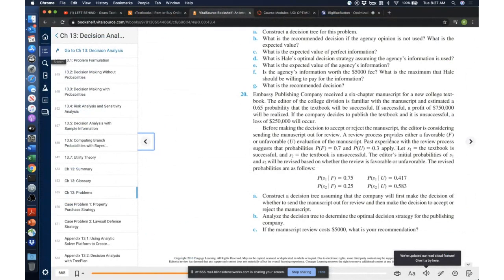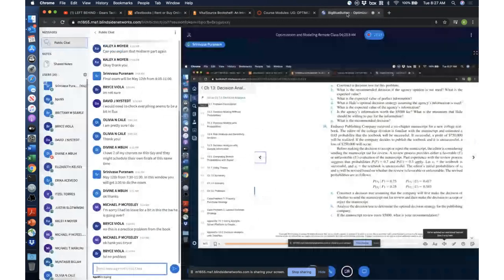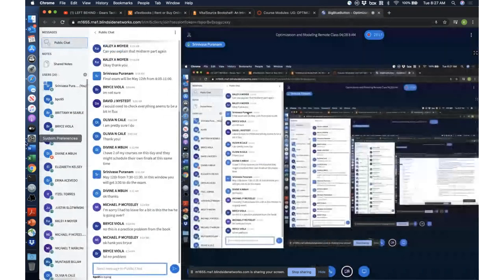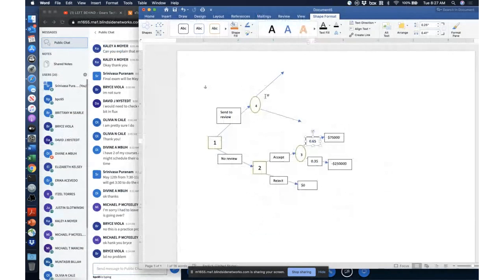This is based on past experience of the review process for the editor. Favorable and unfavorable, those are the two options. So I'm just going to copy this and paste here.